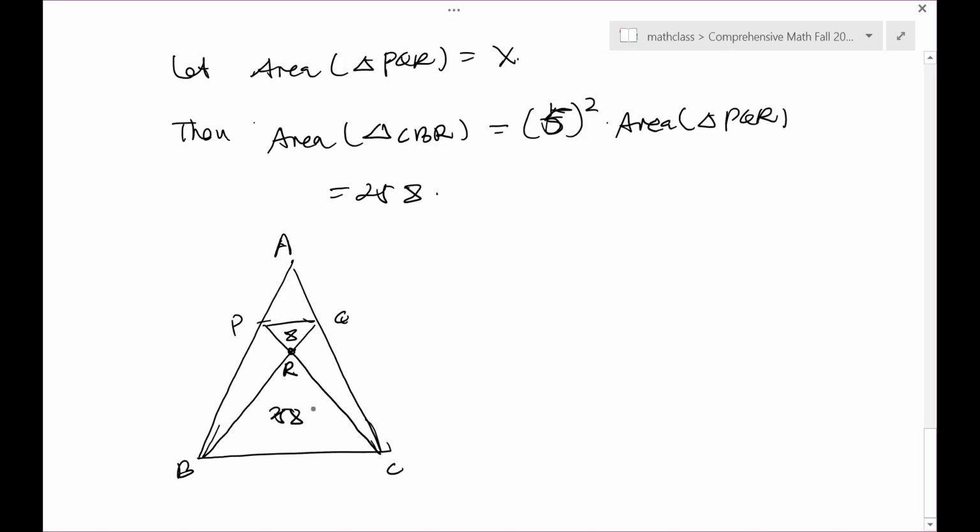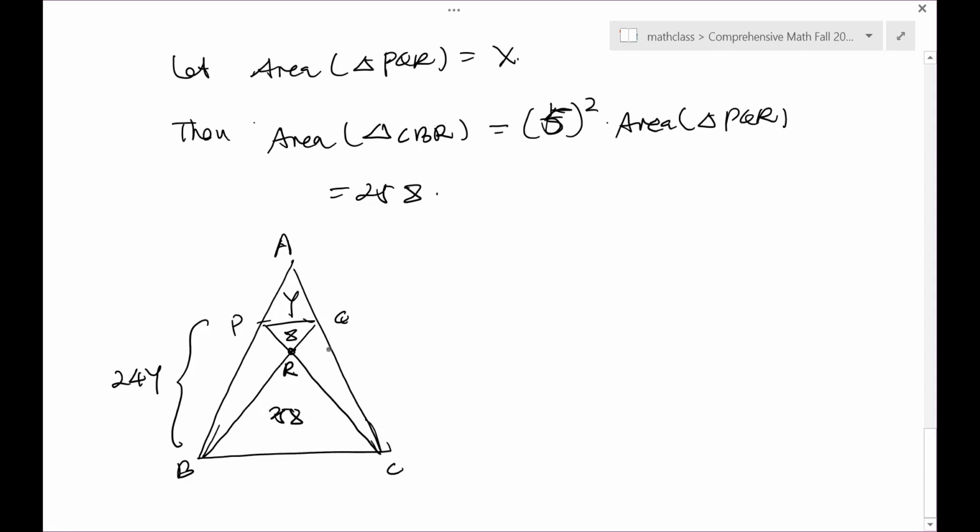If the area of this part is y, then the area of the larger triangle is 25y, so you have to subtract the small one. So this whole portion is 24y.